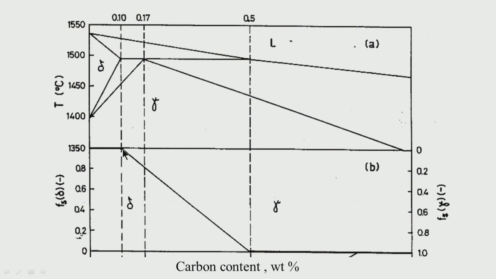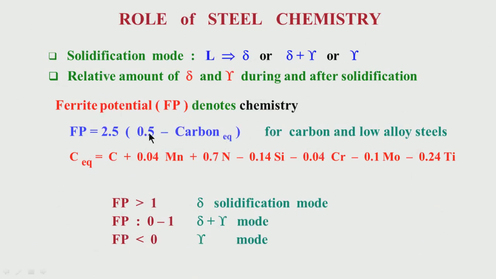I just made a mistake, it is 1, there is 100% ferrite. So, 0.5 minus 0.1 is 0.4 into 2.5, this is 1. So, when ferrite potential is 1 or more than 1, it is delta solidification.